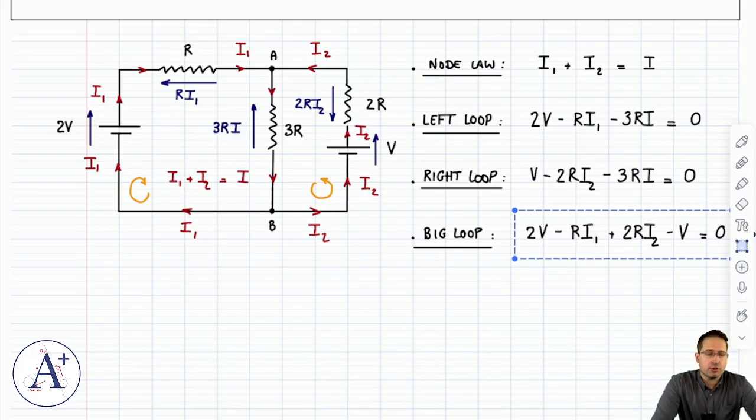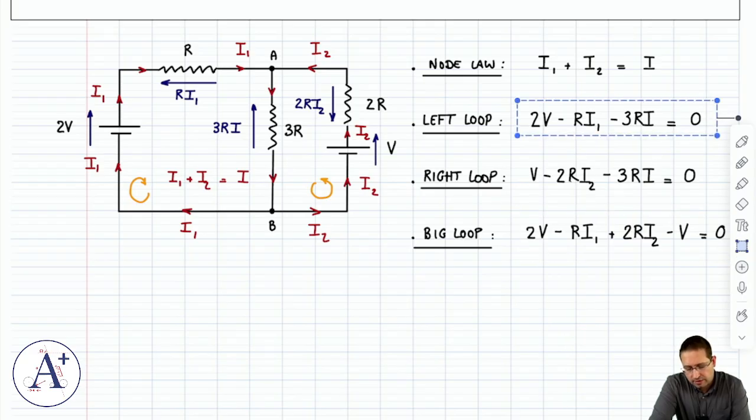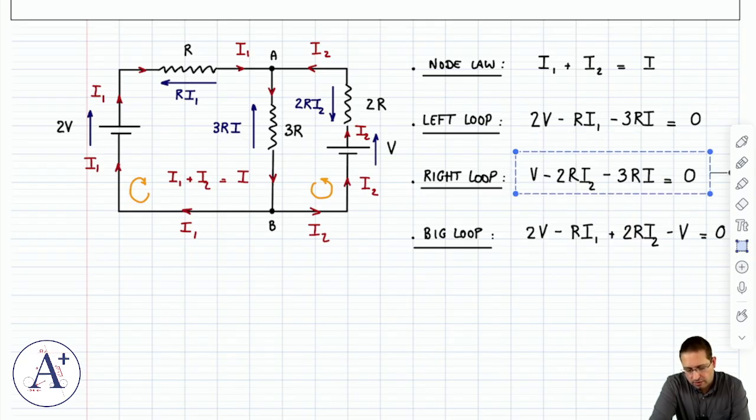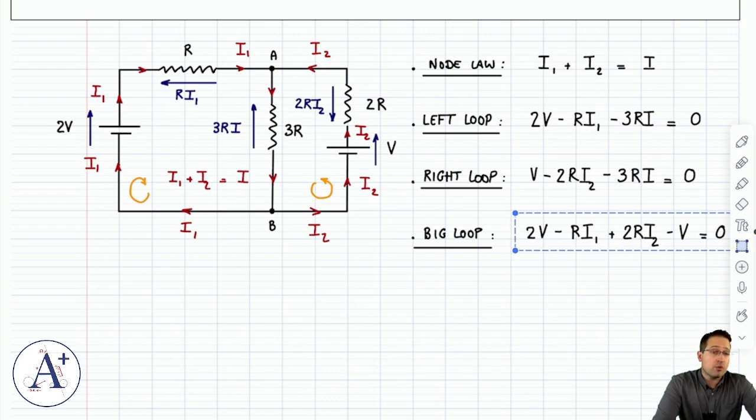You're going to get the big loop. So subtracting this minus this gives you this equation, which means that your third equation is not an independent equation. It's actually quite dependent. It is the combination of the left loop and the right loop. So you think you have 3 loop laws, but really in practice you only have 2. But that's okay. The node law is your third equation, and you can solve for 3 unknowns.